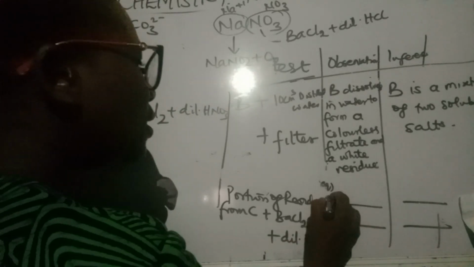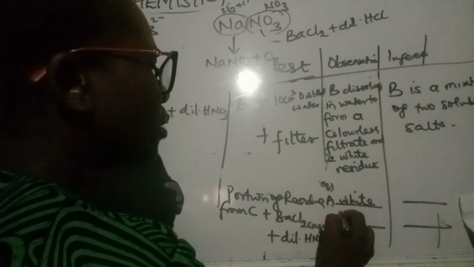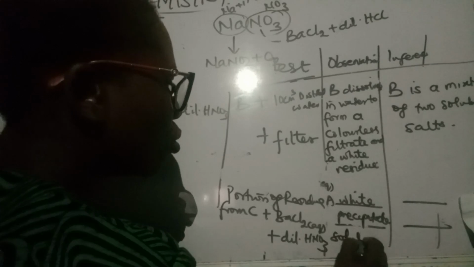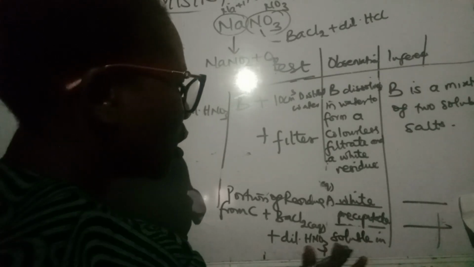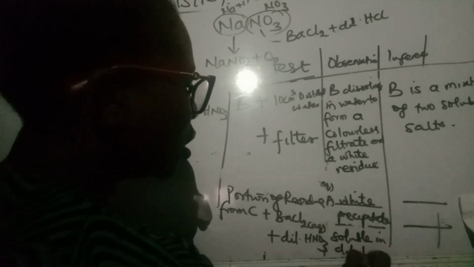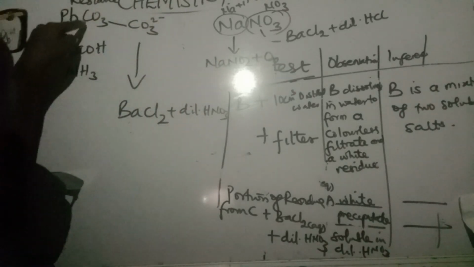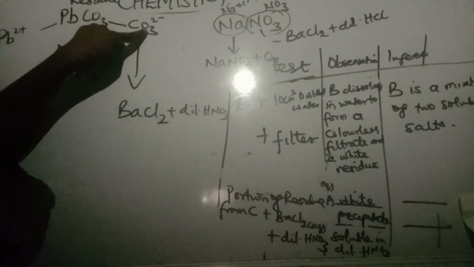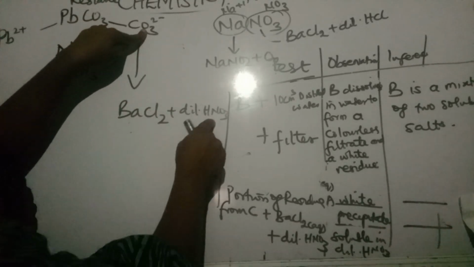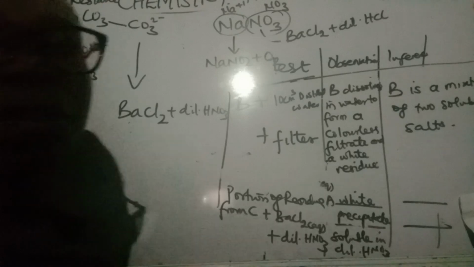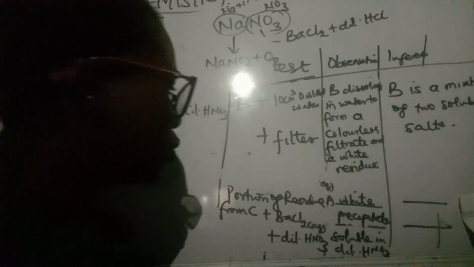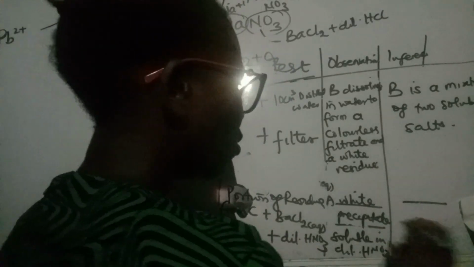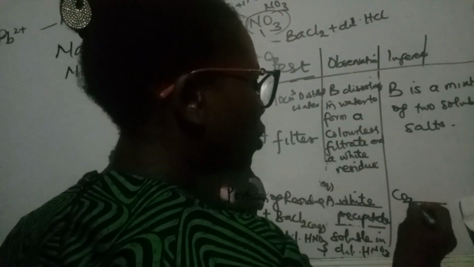You will see a white precipitate, soluble in dilute HNO3. Now, don't forget I told you that this is a residue, and this is the part I'm working on. Anytime you see barium chloride and dilute HNO3, we are working on CO3 2- of the residue. And so, this is what you write. Now, if you have a white precipitate, you can write CO3 2-.